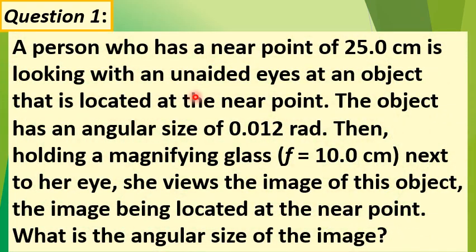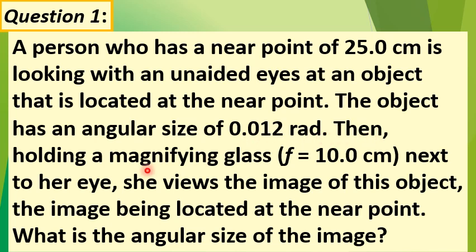So, let us now take a look at question number 1. A person who has a near point of 25.0 centimeters is looking with unaided eyes at an object that is located at the near point. The object has an angular size of 0.012 radian.